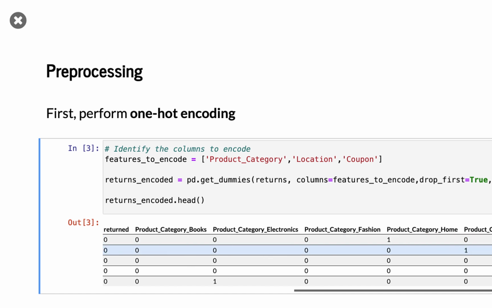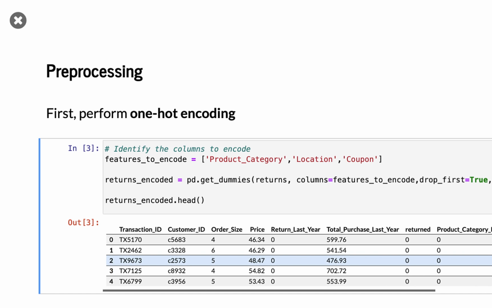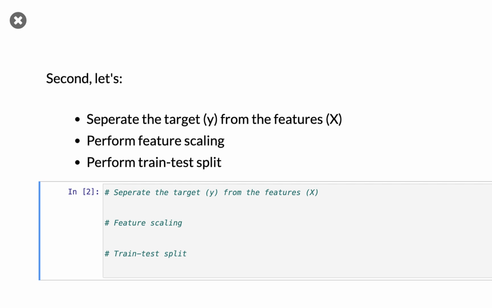We actually have 6 categories for the different products in the data set, but we only need 5 columns to indicate whether or not each record belongs to one of those categories. And same thing for coupon and location, including city or rural. Anyways, that's the first thing we did for pre-processing. Interrupt me anytime if you wish me to provide more detailed explanations for the work we have done last time.